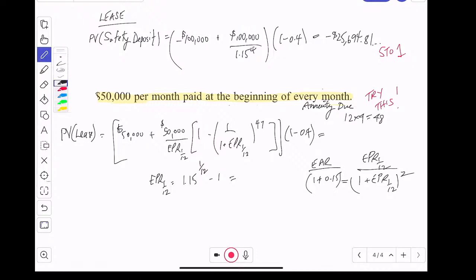So 12 months makes a year. So that'll give me my monthly rate, and I should store that number. I already stored 1, so store this in 2. So this works out to be 0.0117149.